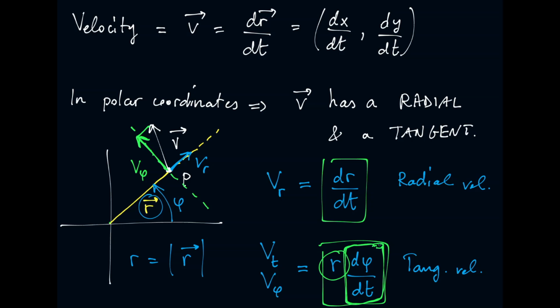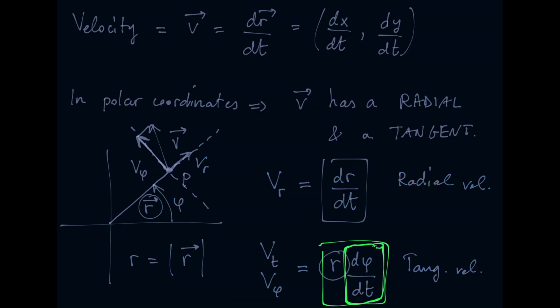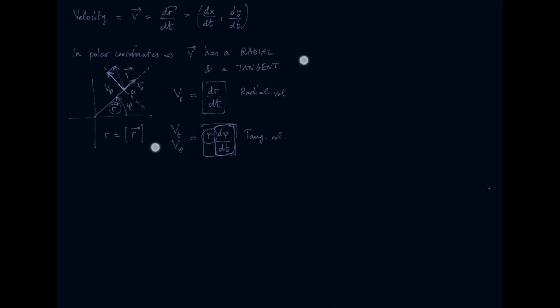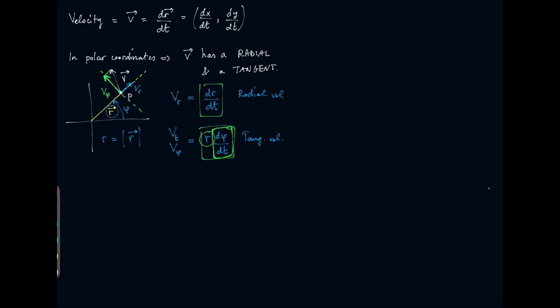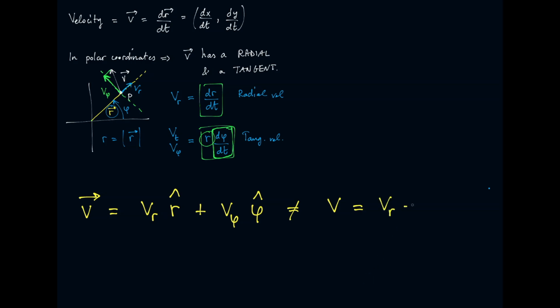The total velocity vector is then, as usual, the combination of the two. So the total v would be v_r in the r direction and v phi in the phi direction. Let's be very careful. This is not at all the same as saying that the speed, for example, is v_r plus v phi.